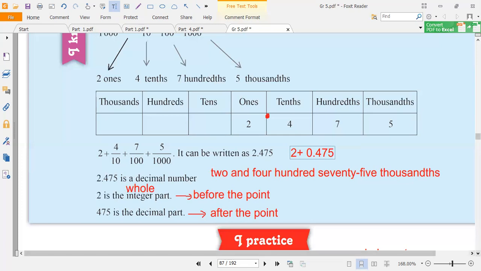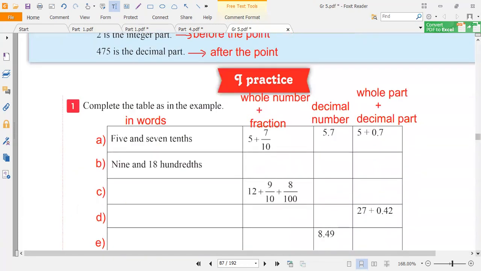Now we have to do exercise 1 at page 87. Complete the table as in the example. In the first column we write in words, in the second column we write it as whole number plus fractions. In the third column we write it as a decimal number, and in this column we write it as whole part plus decimal part, but the decimal part will be written as a decimal number.